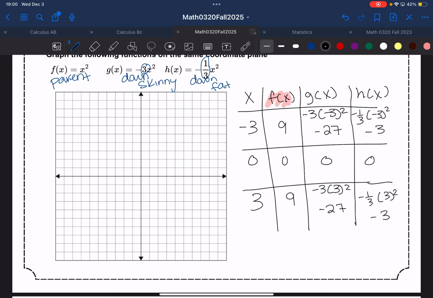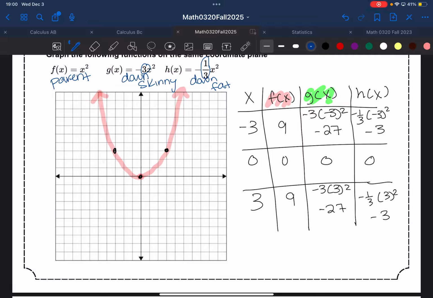So -3, 1, 2, 3, 3, 6, 9. 0, 0. And then 1, 2, 3, 3, 6, 9. That's our parent function. Parent function is going up because it's not negative. Parent function never changes.